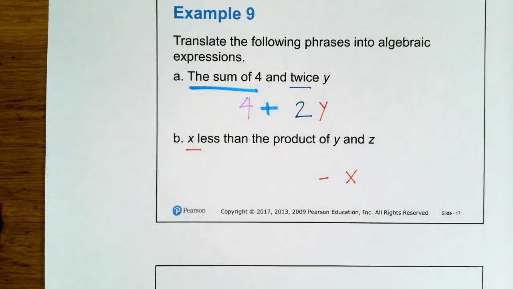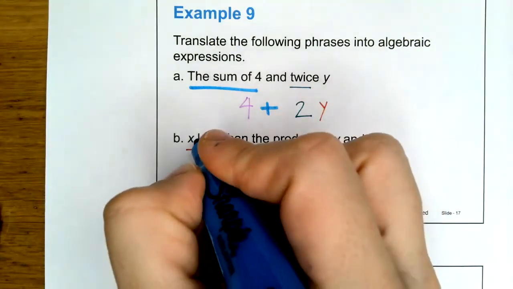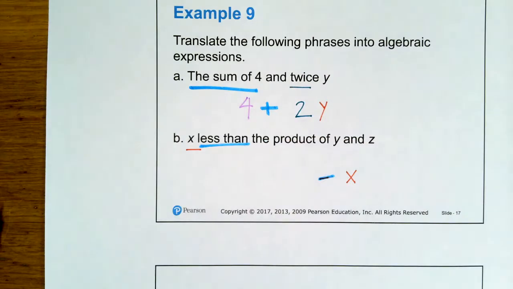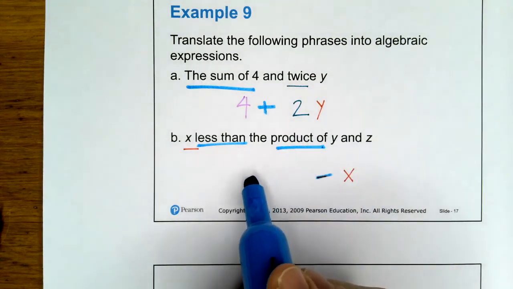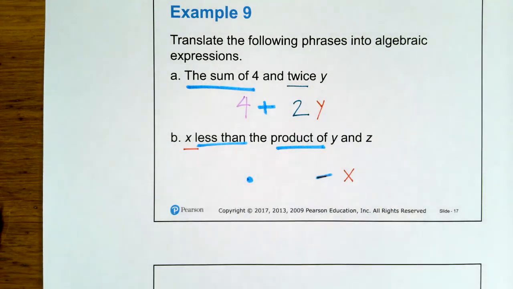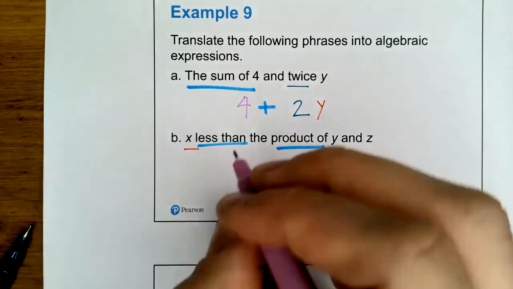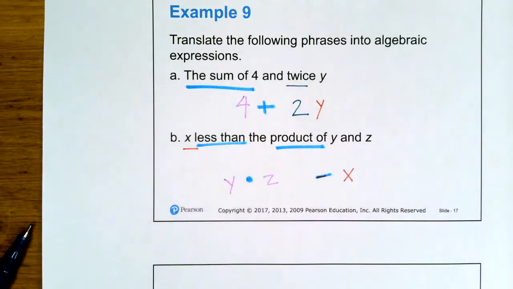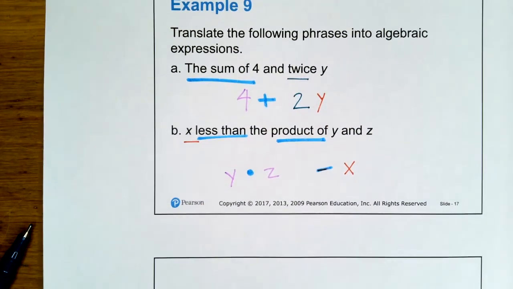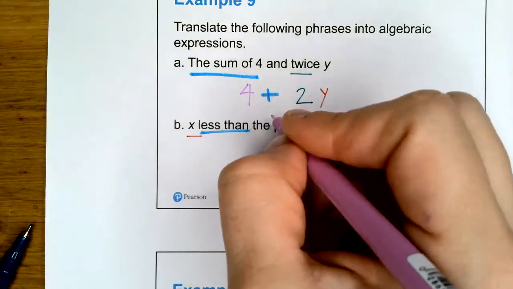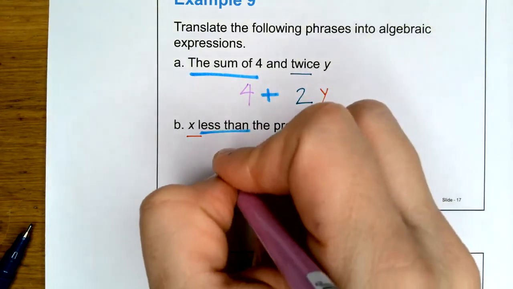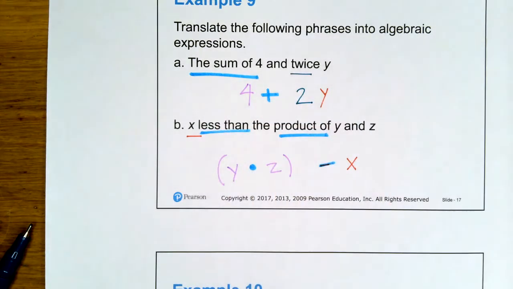X less than the product of y and z. Y times z minus x. Good. And you could put parentheses around the product of.